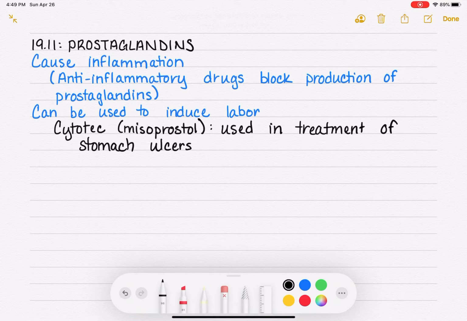So Cytotec is a pill. And in the induction of labor, the Cytotec pill is typically broken into pieces, and then it is placed just inside the opening of the cervix. And when a woman receives this type of labor induction, you have to lay down, like when I received it, I had to lay down for an hour because it is literally just a pill that's sitting inside the opening of your cervix.